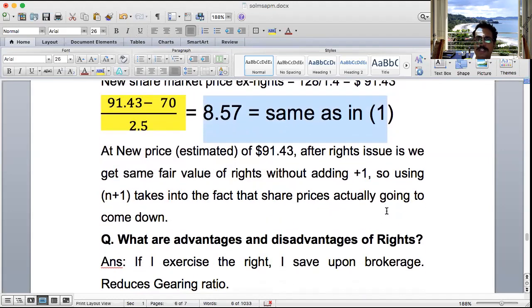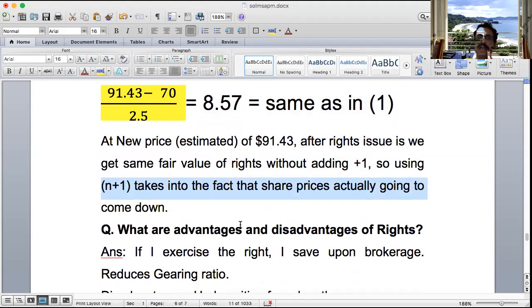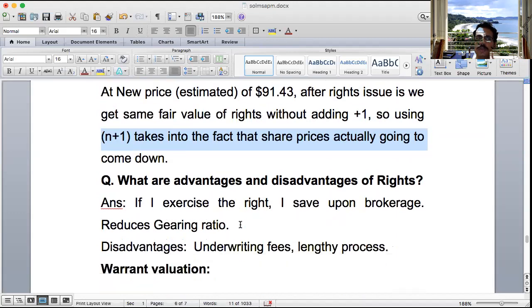In other words, we can say that at the estimated new price of 91.43, which also indicates that after rights issue, eventually the share price is going to fall, we should get the same fair value of rights without adding plus 1. So using n plus 1 takes into account the fact that share price actually is going to come down.